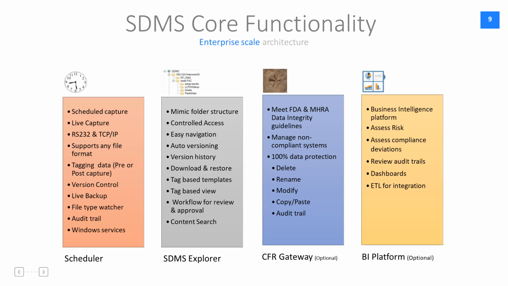LogiLab SDMS BI platform will be able to show any risks that are happening inside the system by way of having dashboards so that users can easily see all the events that are happening. You can review audit trails inside the system, and also you can integrate with external systems like ETL based systems so that data from LogiLab SDMS can be pushed to external systems.